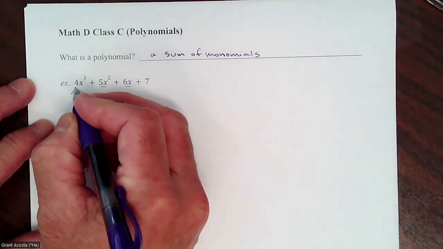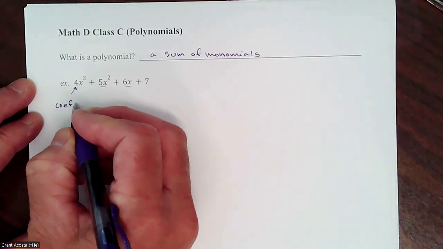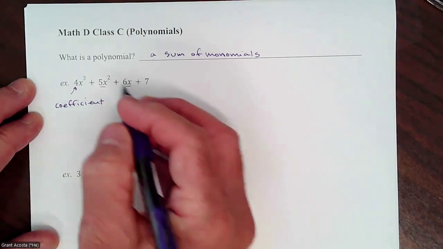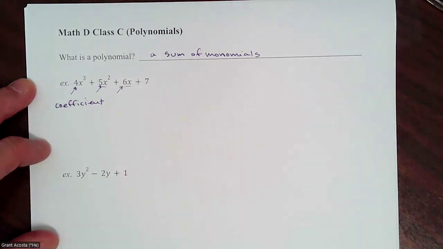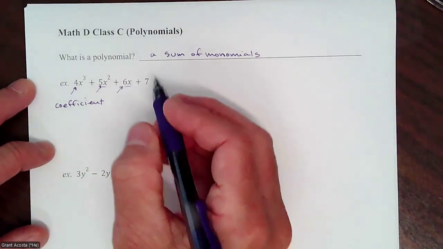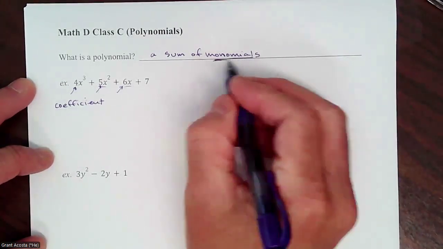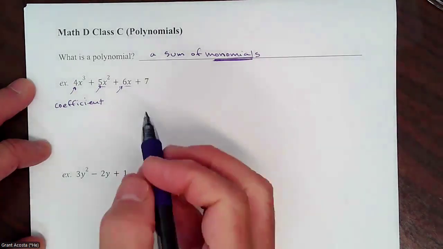Some definitions here, like 4x cubed: I would say that 4 is the coefficient of x cubed. So 5 is a coefficient of x squared, 6 is a coefficient of x. And so a sum or difference of a bunch of monomials, and we'll expand on exactly what a monomial is through some of these examples.